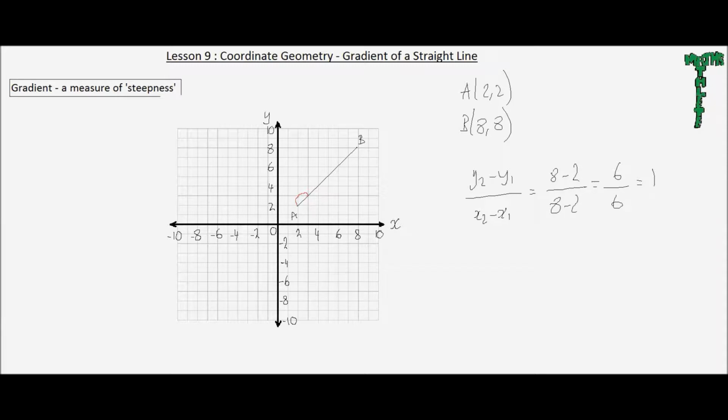So I'm going to draw the line in blue. It doesn't really matter if we're in the negative section, as long as we're traveling from left to right. So I want a straight line with a gradient of 2. So we would try and make it so we go up twice and we go across once.